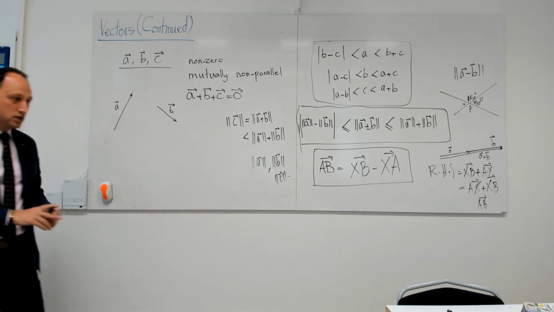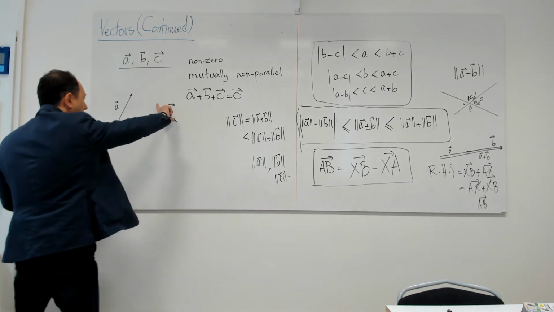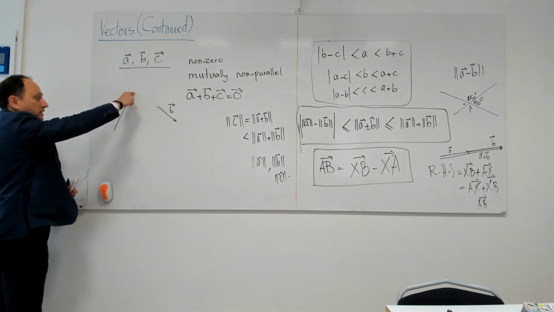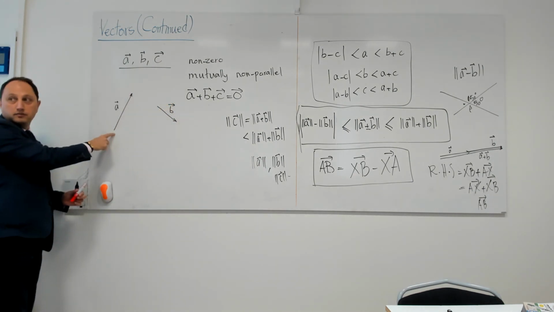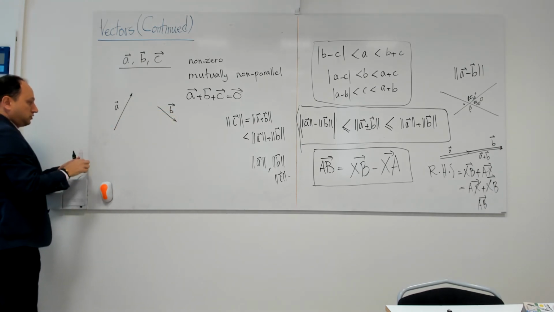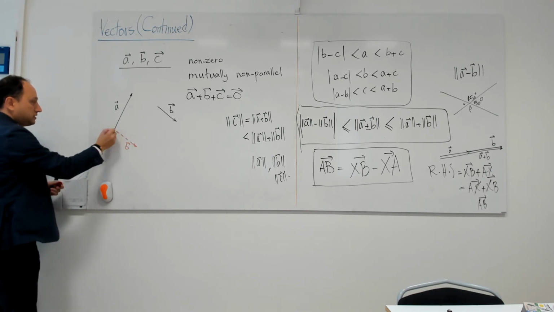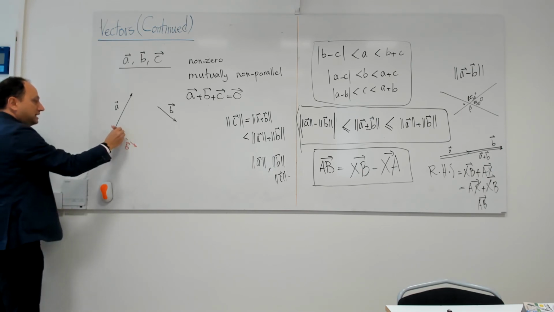Be careful. So what I do is parallel transport one of them, not from the tip of the other one, from the initial point. Be careful about this. So I will take this vector and put it here. And then I will take the smaller angle to be the angle between these two vectors.